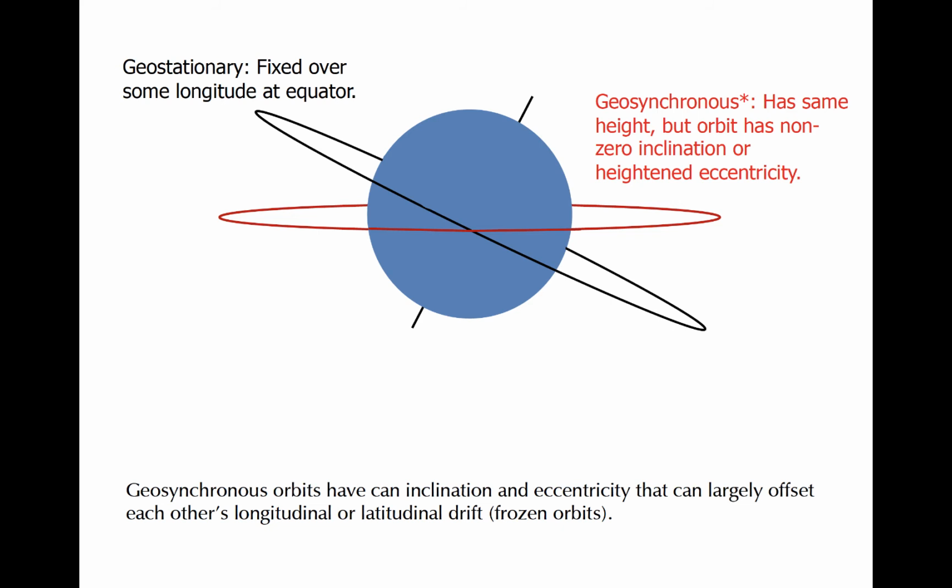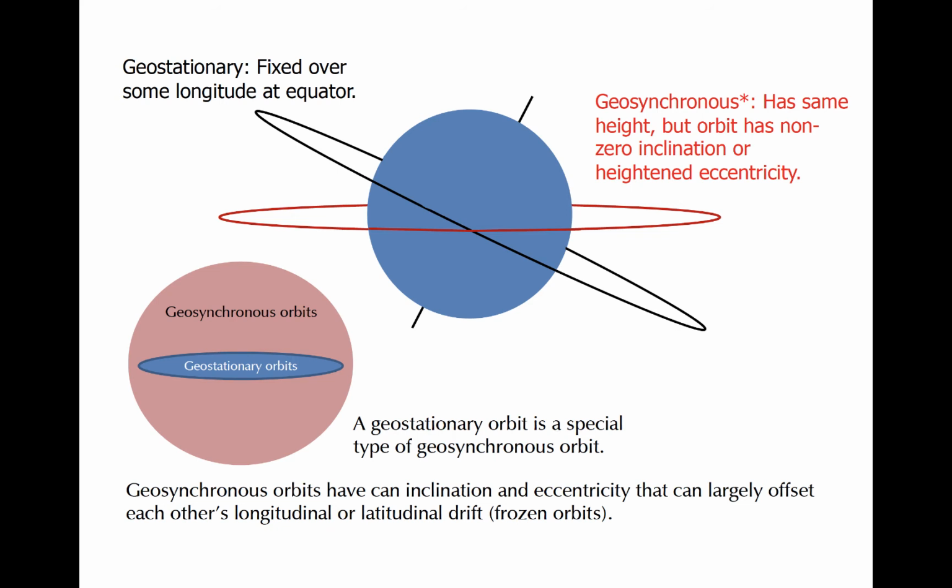The main characteristic of geosynchronous orbits is that they return to the same zenith, or overhead, point every 24 hours. So one example of a geosynchronous orbit could be this red circle here. A geostationary orbit is a special case of geosynchronous orbit as denoted by the simple Euler diagram down here.